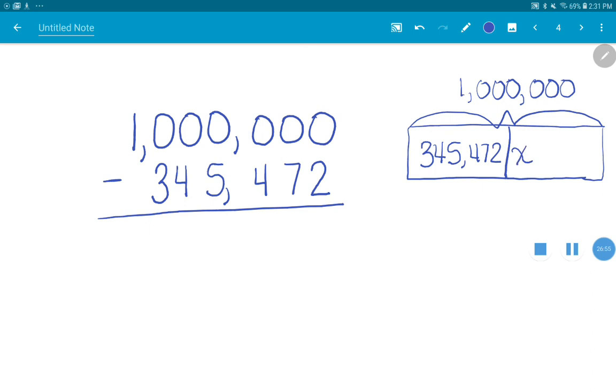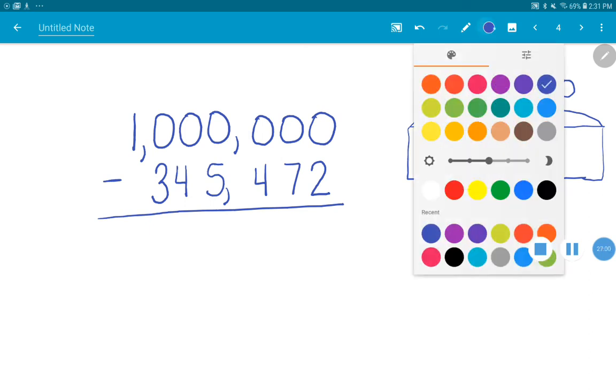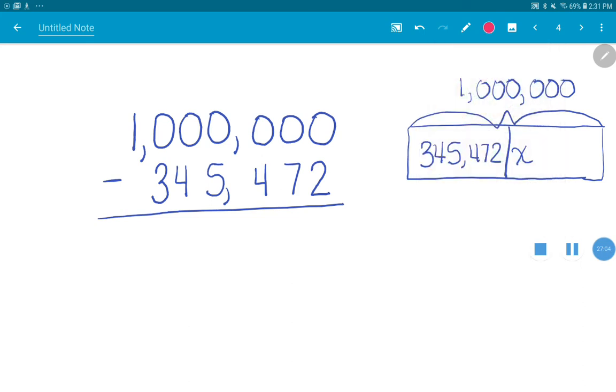We can go ahead and put an X on our tape diagram for the missing part. Where are we going to have to go to get a value other than 0? I'm going to have to go all the way over to that million. I'm crossing out the million. That leaves me with 0 millions.